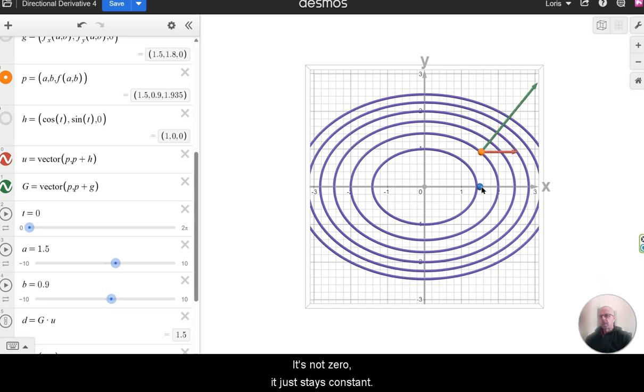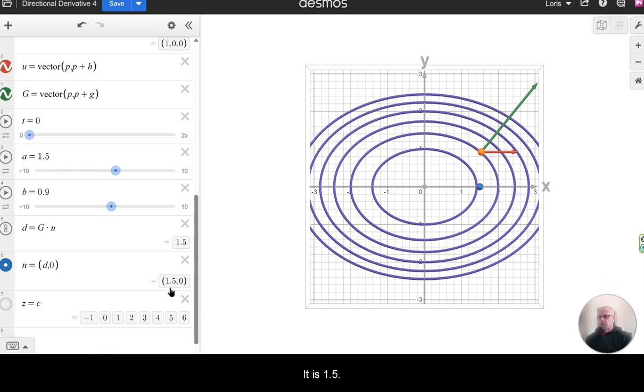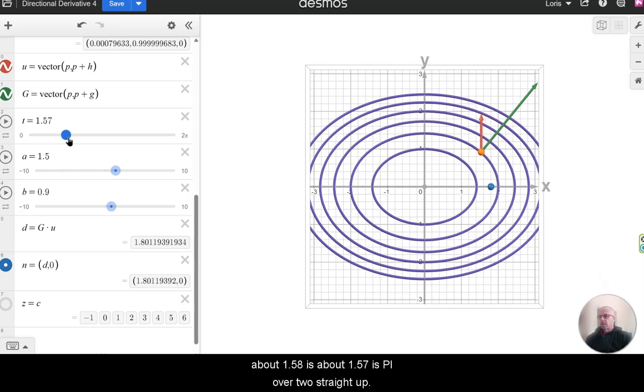It's not 0, it is 1.5. And now if I let my u vector go straight up, about 1.57, which is pi over 2, then as I go left to right, the blue dot doesn't change.